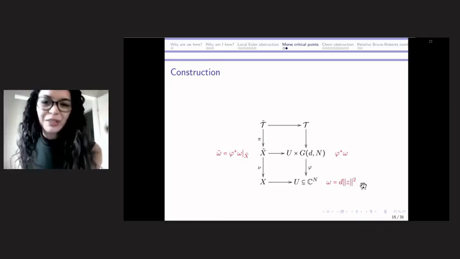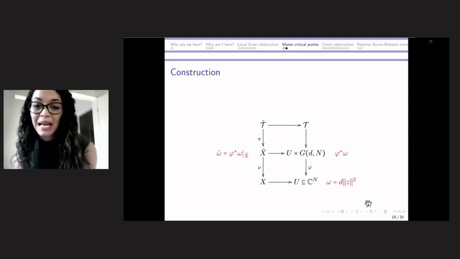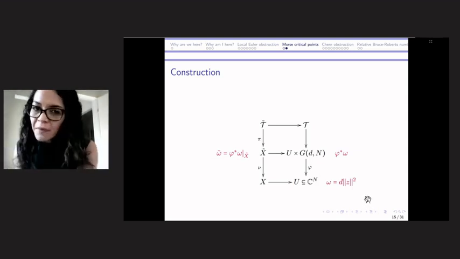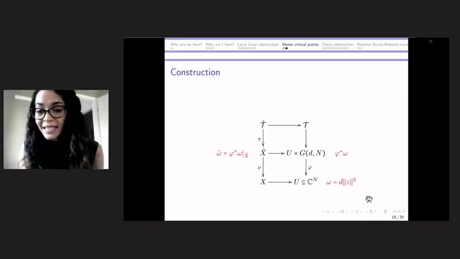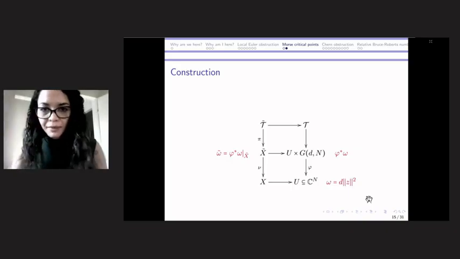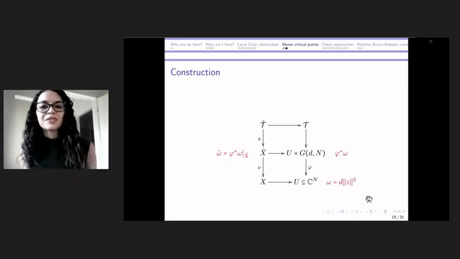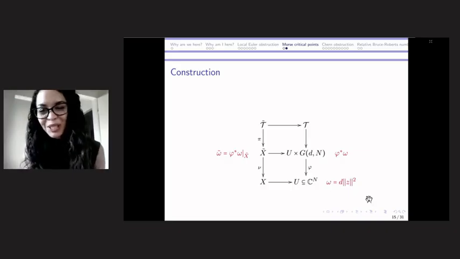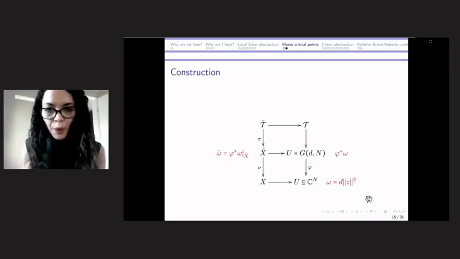That was for the obstruction of a function. But that can be done with any one differential form, using the same approach. So you have now some general one differential form, and you can also define the obstruction of the differential form using the same approach, the same tools, okay?